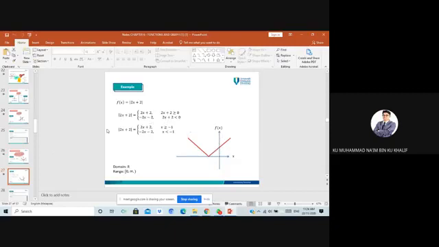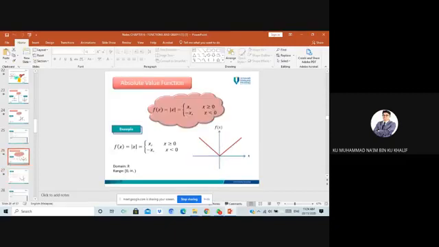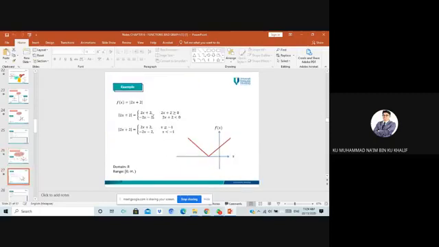Okay, so what you need to do, based on this general representation, is open it up as a piecewise function. 2x plus 2 is greater than or equal to 0. And then we go to the negative part, which is less than 0. Then you find the value for x. So now we actually have two functions, right? You split it.